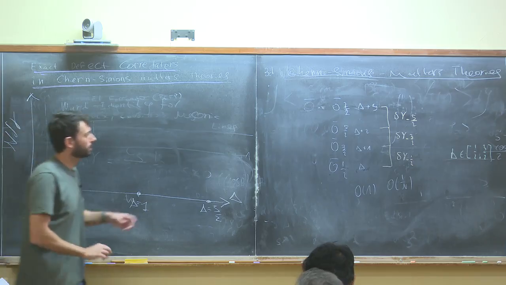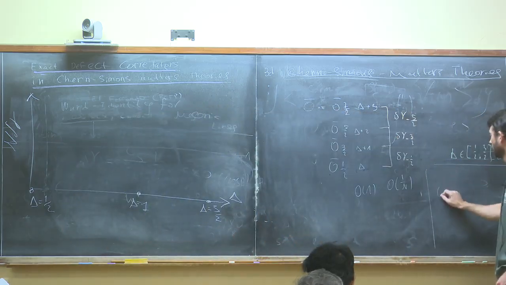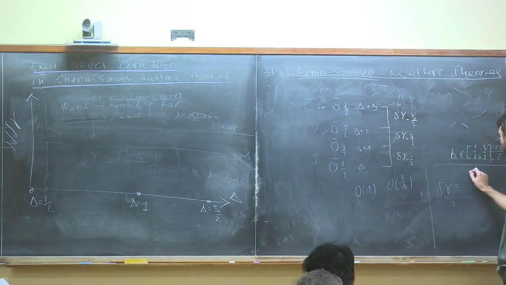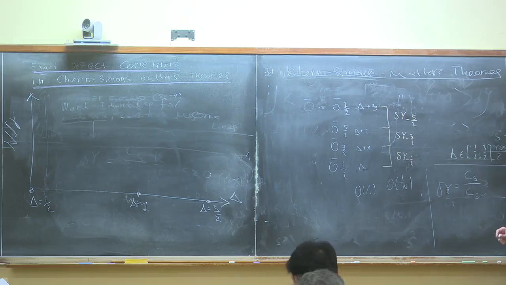So these delta gammas, I can find an equation using some Ward identity, which says that delta gamma is Cs over C, where Cs is just a 3-point function on a line, and C is a normalization, just a 2-point function of the mesonic line, a mesonic line expectation value. And essentially I can compute these using these bulk line correlators. There is some equation that determines them.